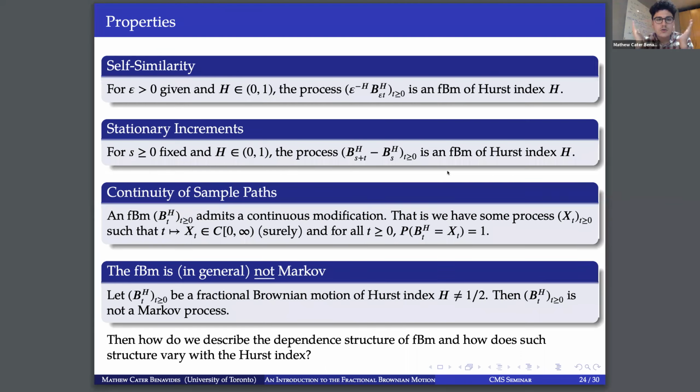So there was no dependence structure to describe at all. And in fact, in the definition of the process itself, it had those independent increments, i.e. observing behavior on a given time interval is entirely independent of observing the process on a later time interval. But here, since that doesn't carry over, we might want to know just how much two time intervals can depend on each other. And we're going to measure that with the covariance.